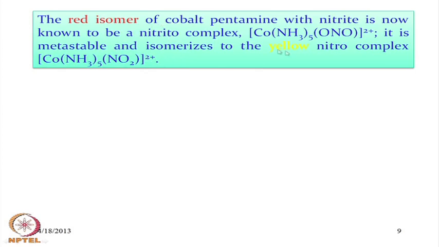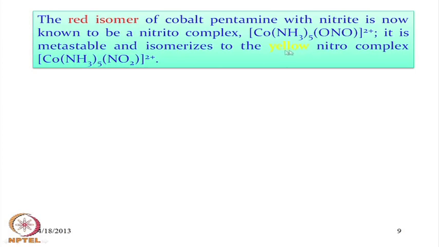So, this nitrito complex, when it is bound through oxygen, is metastable and it can isomerize to the yellow version, the nitro complex, where this nitrogen is bound to the cobalt center through nitrogen. So, the color of these two compounds, one is the corresponding isomeric form as the red isomer and another is the yellow isomer.